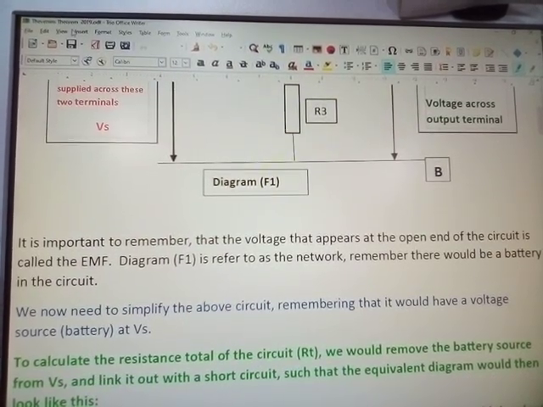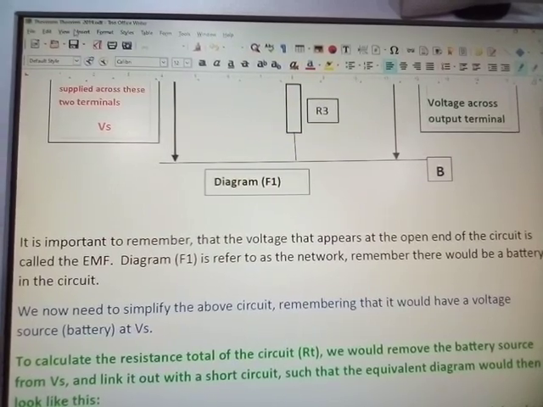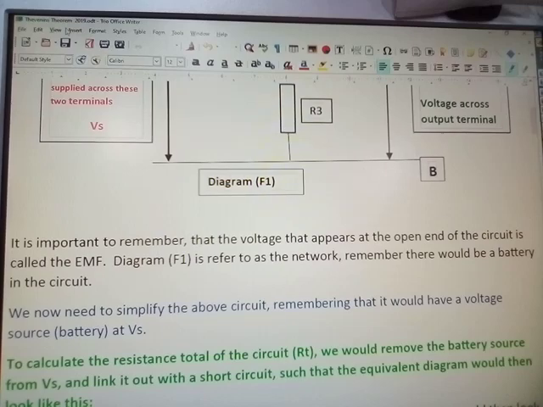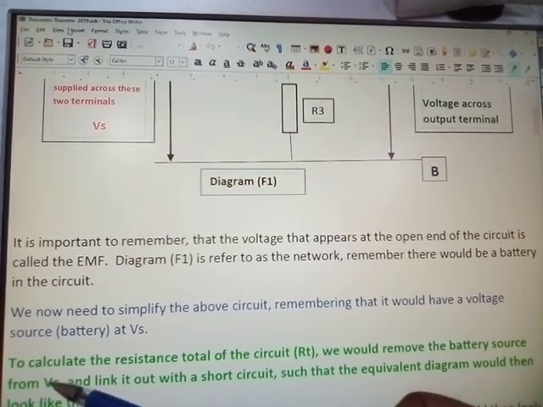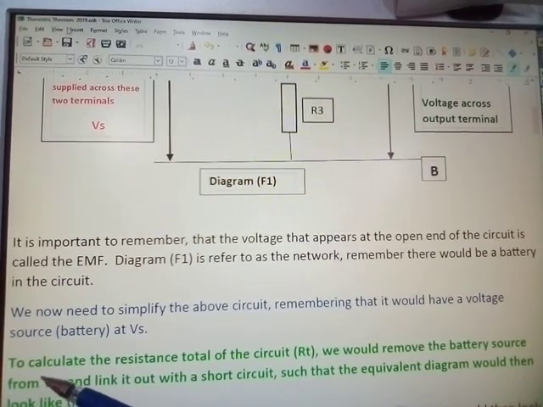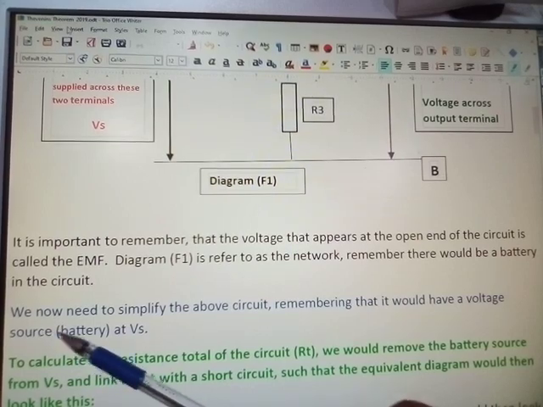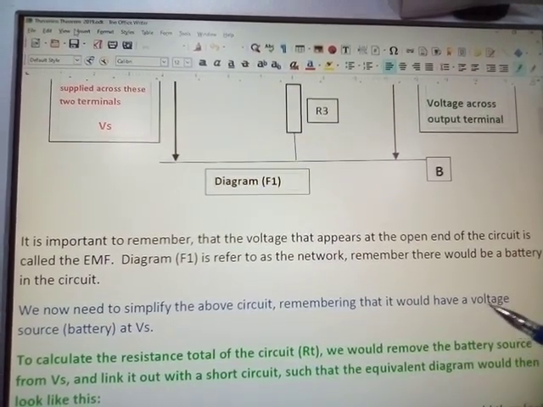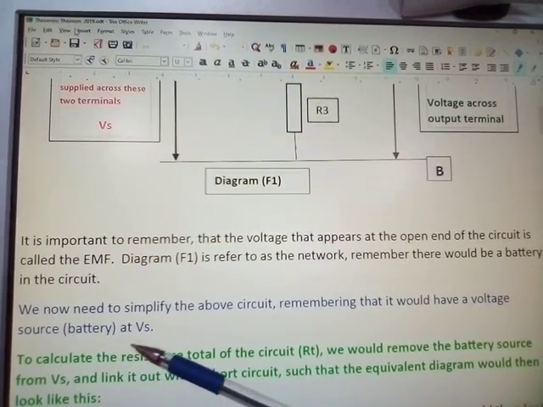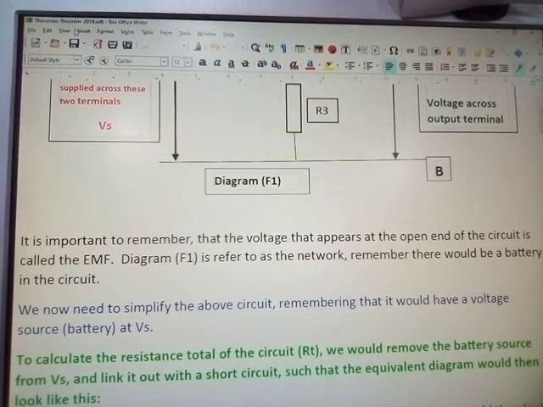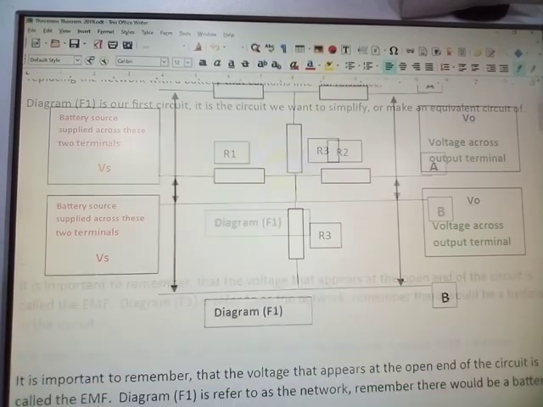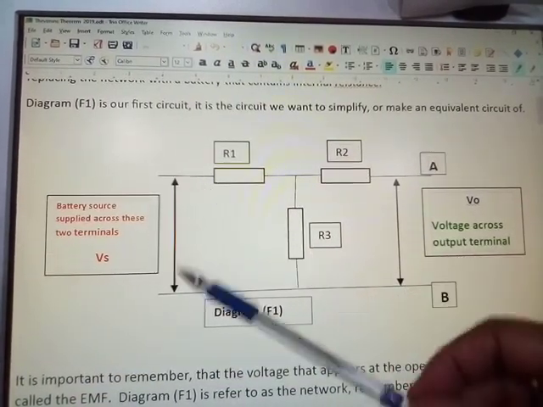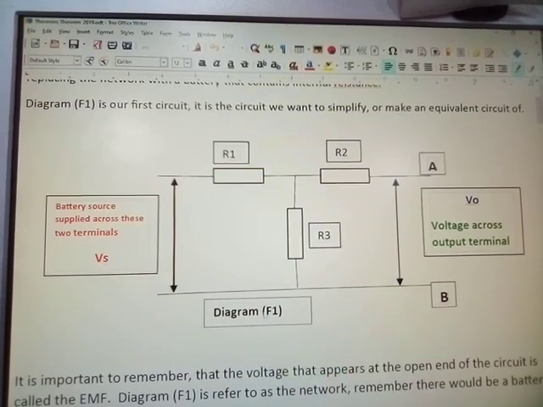It does not necessarily need to be a battery, it could be a transformer supply if you wish. We now need to simplify the above circuit, remembering that it would have a source battery at Vs. Let's just go back to see where Vs is. And Vs is here.